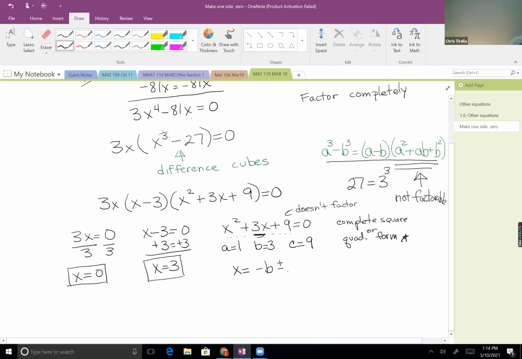Plus or minus the square root of b squared minus 4ac, or is that wrong? Yep, that's right, over 2a. Yeah, exactly like that. X equals negative b plus or minus the root of b squared minus 4ac all over 2a.